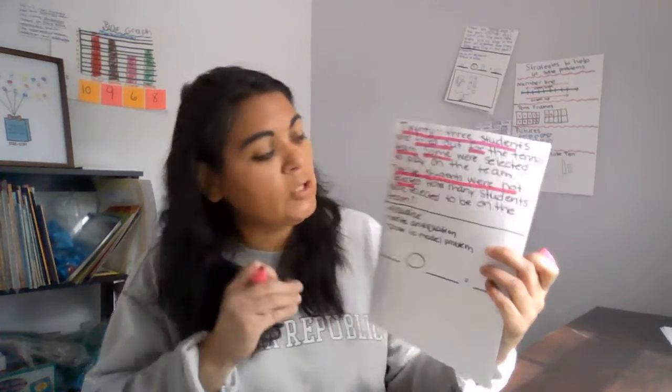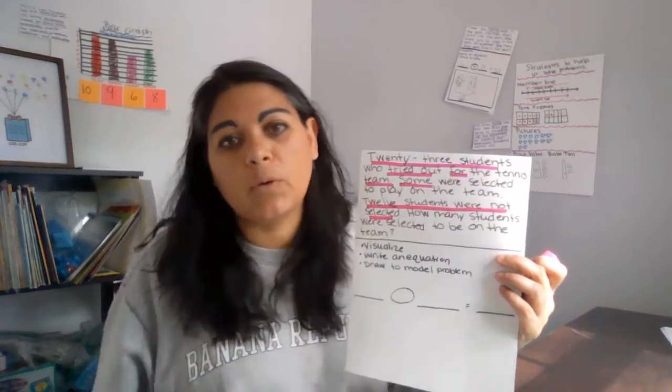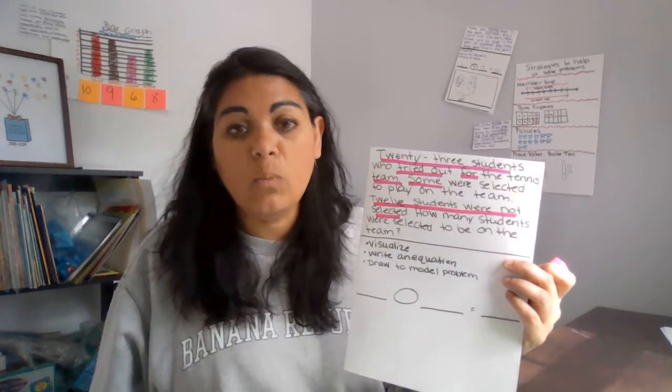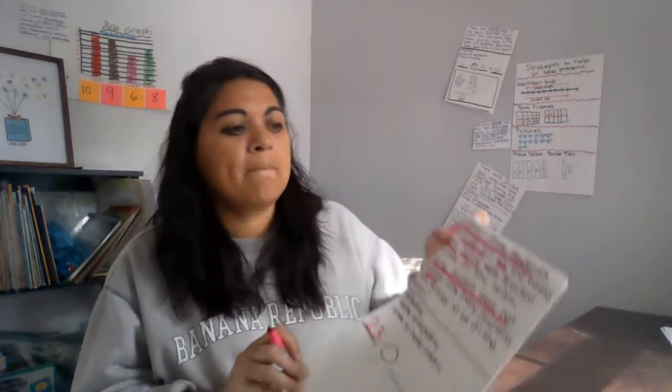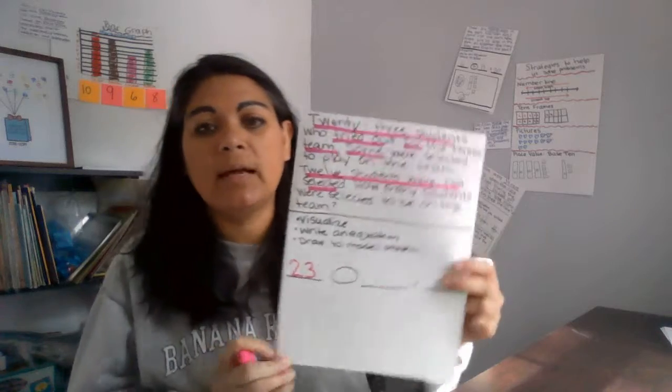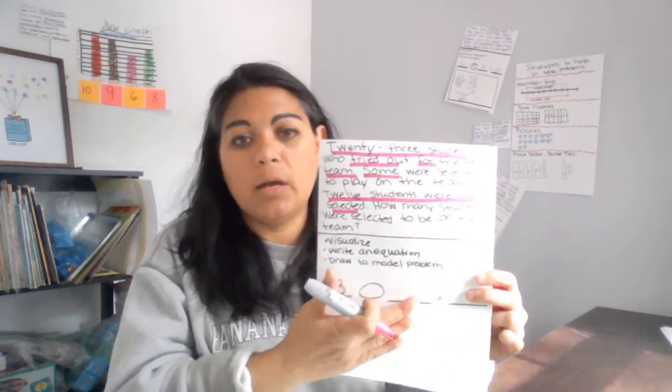Okay, now that we visualized it, let's write an equation. What was my altogether number? What did we start with? We started with 23 students. Some were selected to be on the team. We do not know our second amount.